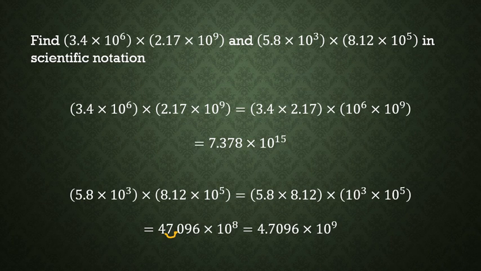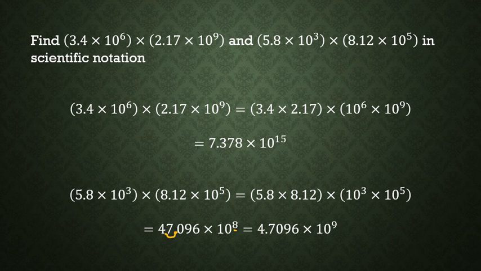We only have that 4. But since I moved this decimal point to the left one, I have to add 1 onto my exponent. For every decimal point you move left, you add 1 onto your power. For every digit you move your decimal point right, you take 1 off of your power.